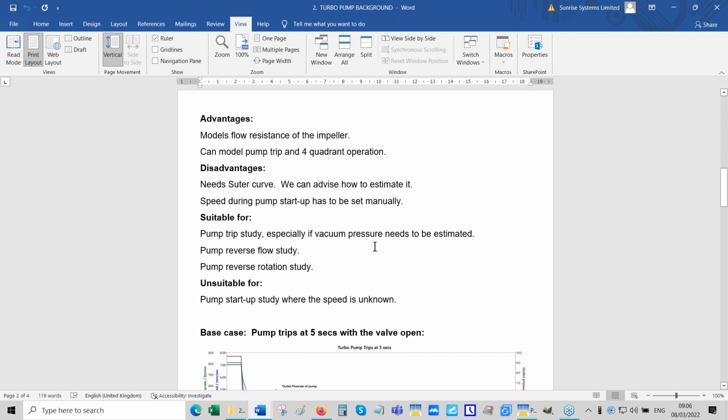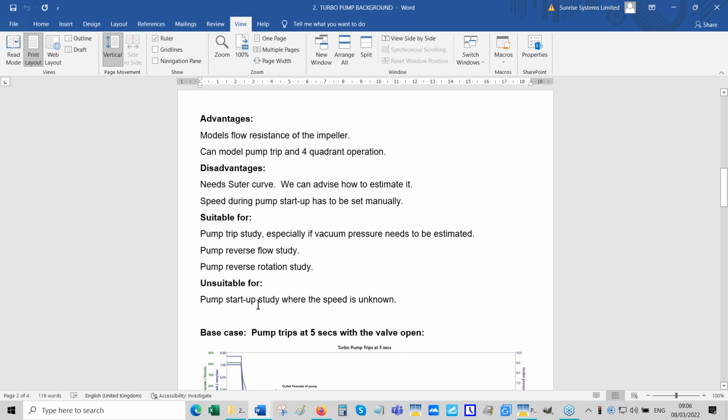You can add a flywheel to the pump so that the pump actually trips more slowly. So you can consider the reverse flow rate in the pump, the reverse rotation of pumps, and so on. So it is useful for a very comprehensive range of applications.